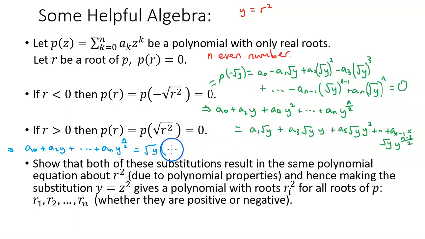And then we have a1 plus a3 y plus a5 y squared, and then it goes all the way up to a n minus 1 times y to the power of n minus 2 divided by 2.